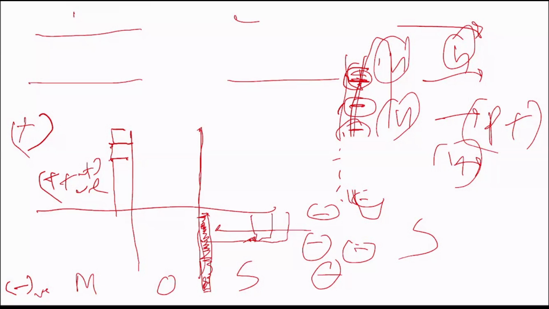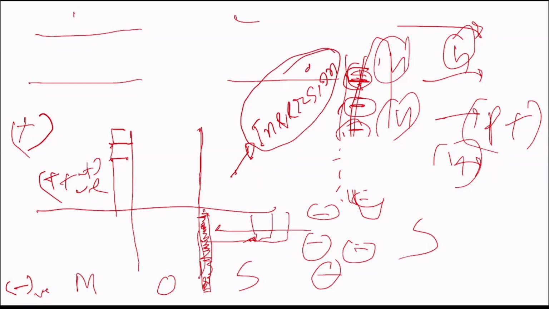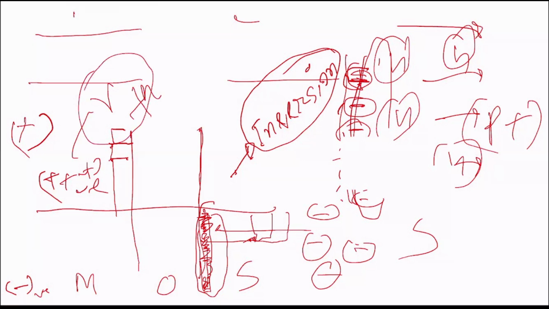This particular region is known as the inversion region. An inversion region is not a depletion region. Inversion is basically the accumulation of electrons, and then the transistor will actually turn on. And this particular voltage is known as the threshold voltage, V_TH. Okay.